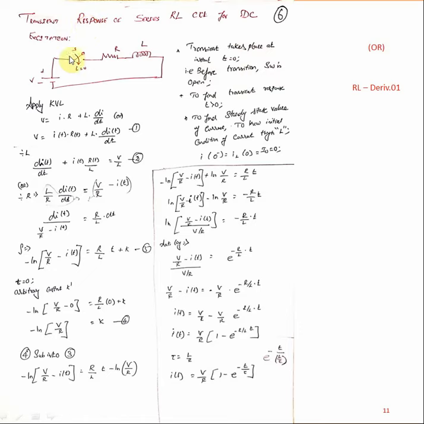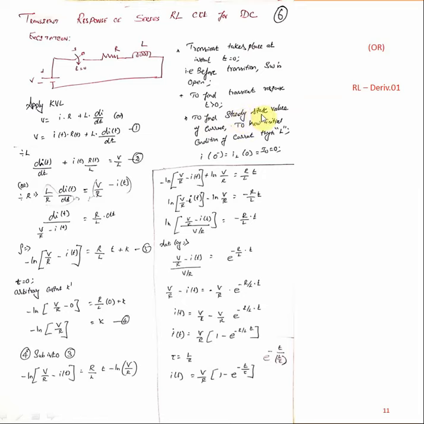The transient takes place when the switch is closed at t equal to 0. Then the DC source or battery energy flows to the R and L elements. To find the transient response, we consider t greater than 0 only, since once it is closed, it starts to function above 0.